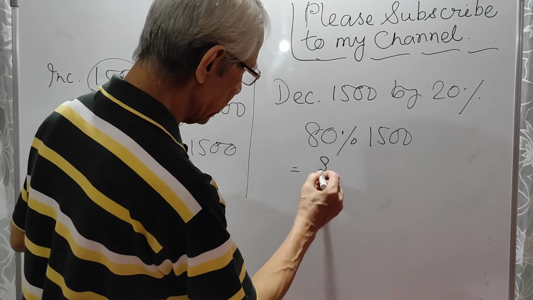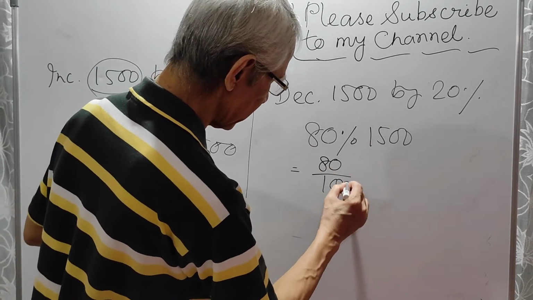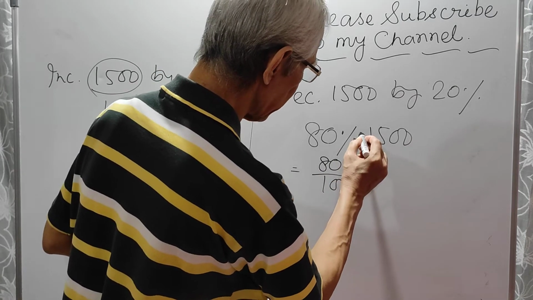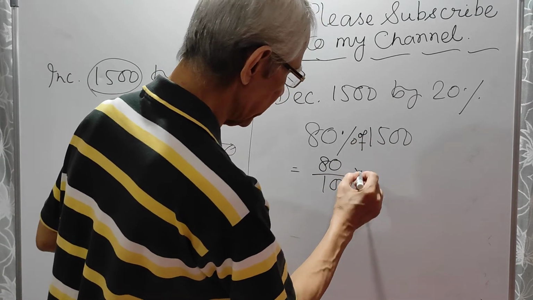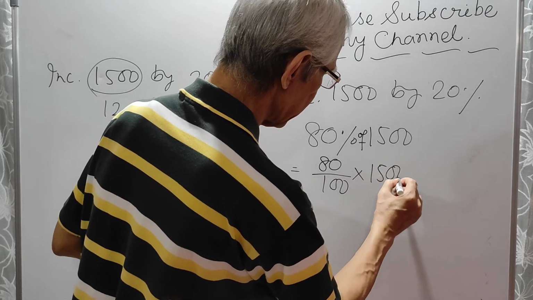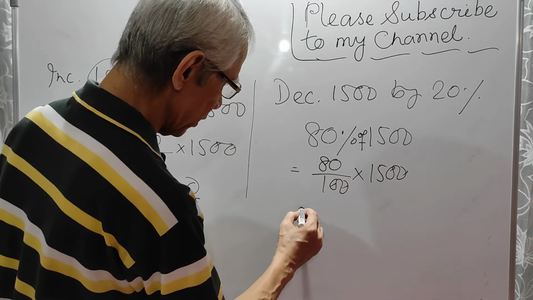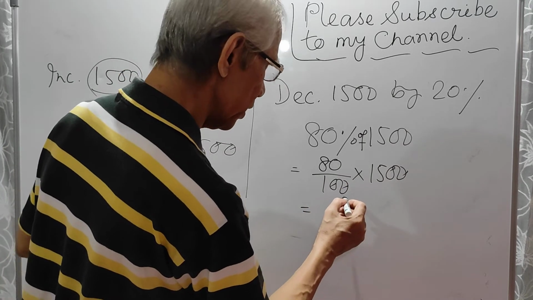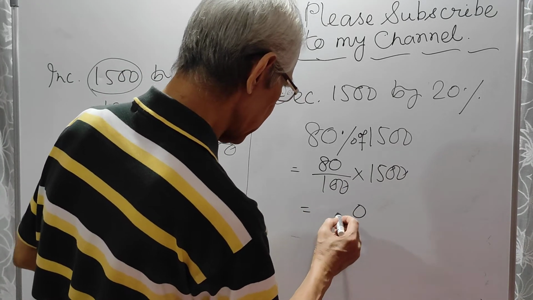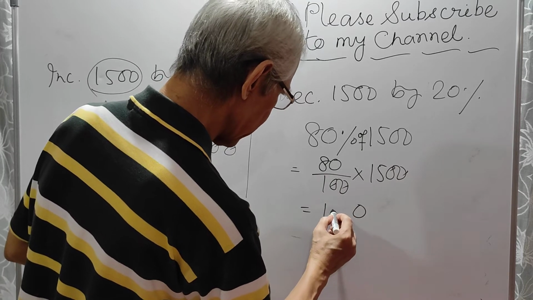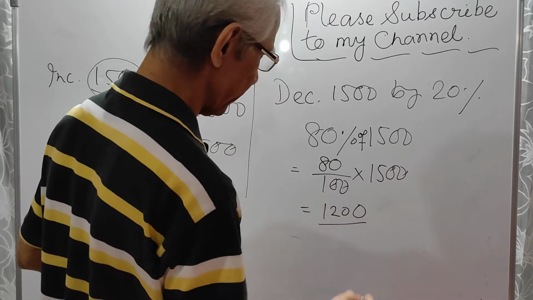So 80% of 1500. That means 80 by 100 into 1500. 20, 20 cancel. What do you get? 1200.